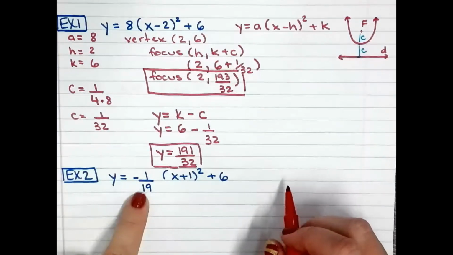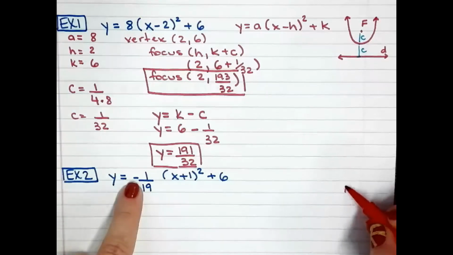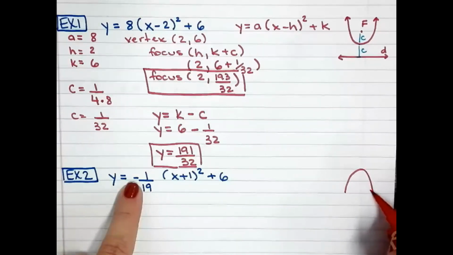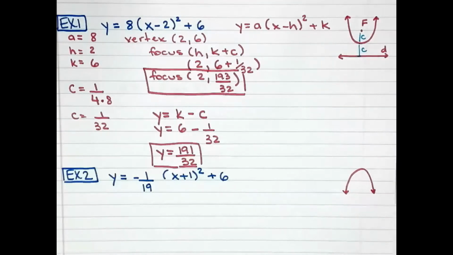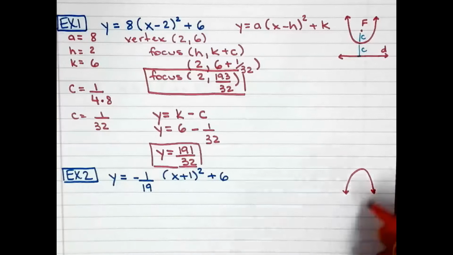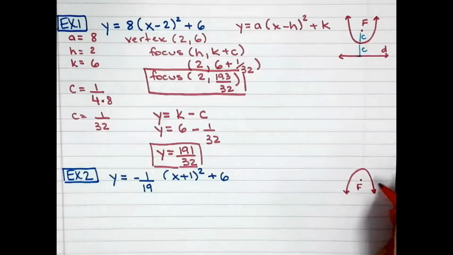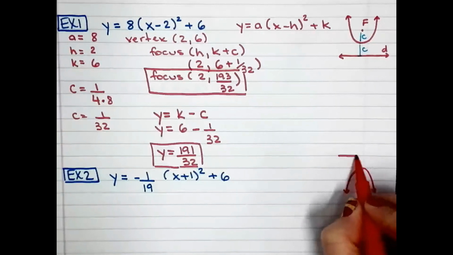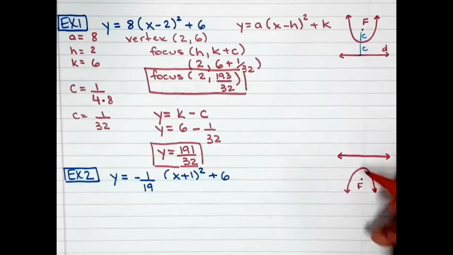Now, I will sketch the graph though, because when the leading coefficient is negative, it is going to be a parabola opening down. And then I have the focus right here somewhere, and it's always inside the parabola. And the directrix is going to be over here somewhere. Notice that I draw it so it's the same distance from here to here as it is from here to here.